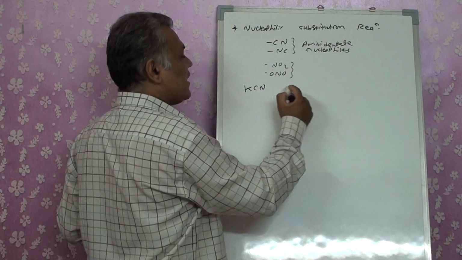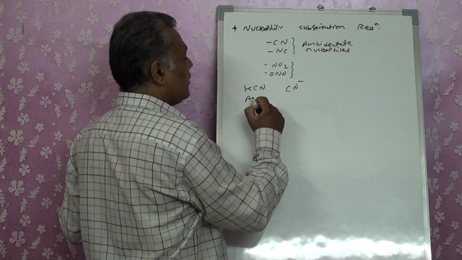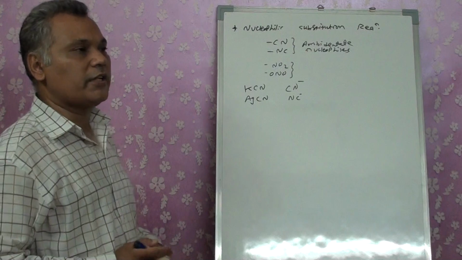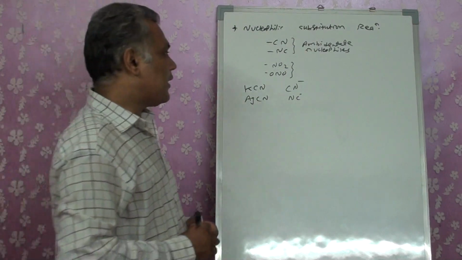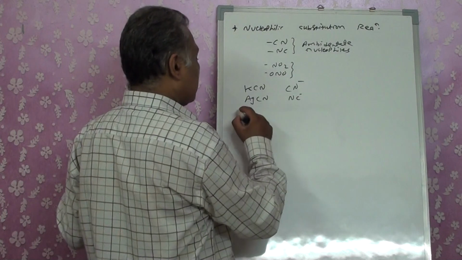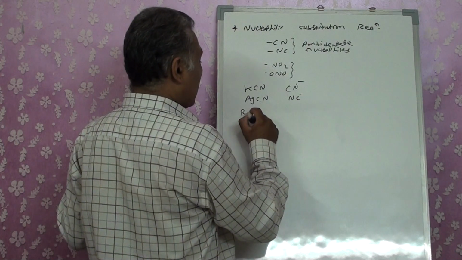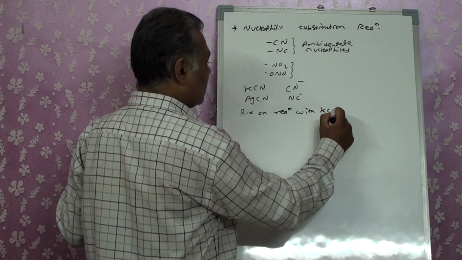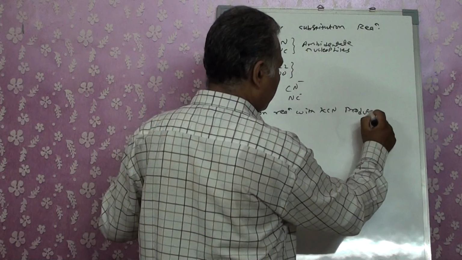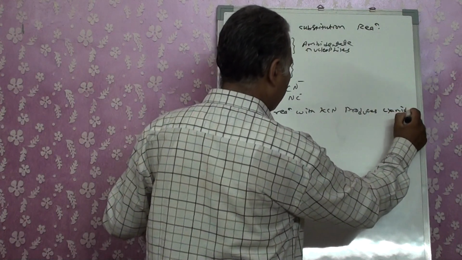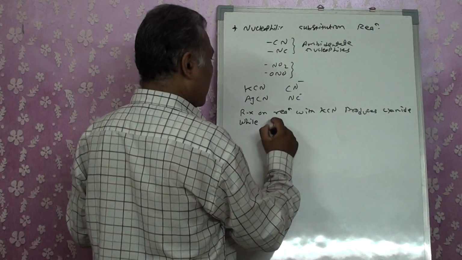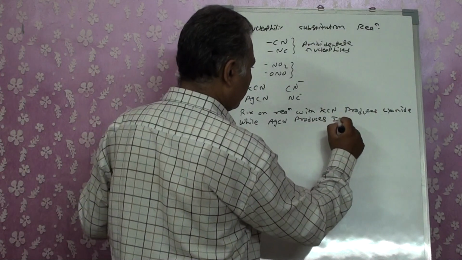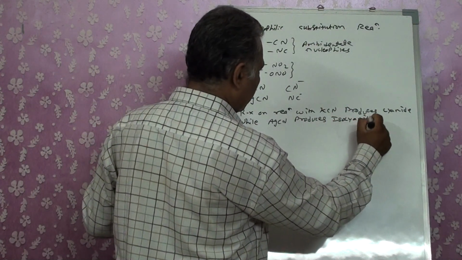But now the case: these are the ambidentate nucleophiles. But when I am using KCN, why do I get CN, and why does AgCN give NC? Why does this reaction take place in that format? The answer: RX on reaction with KCN produces cyanide, while AgCN produces isocyanide.